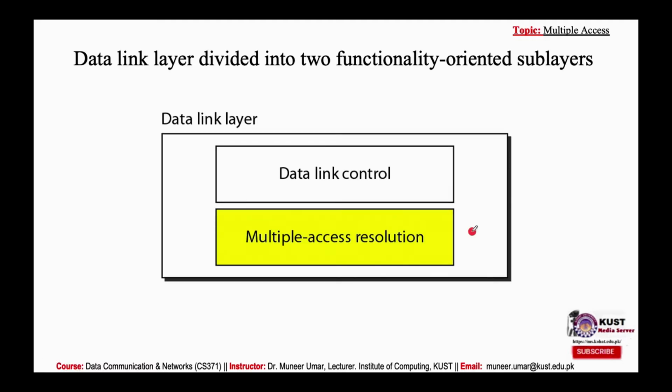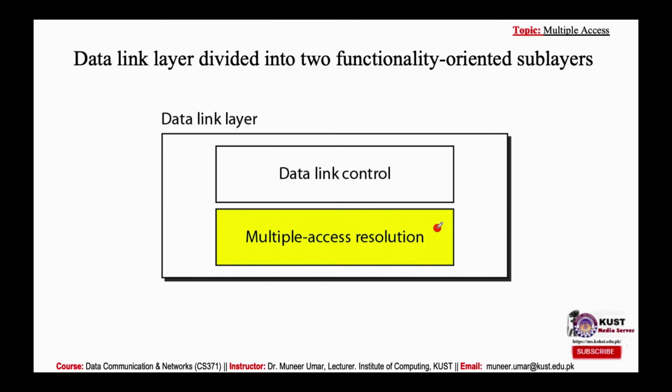In the previous lecture, we studied about the IEEE standard, where we saw that the data link layer is divided in two parts. The first part is data link control, and the second part was MAC, media access control. The upper layer is responsible for the flow and error control, while the lower layer is mostly responsible for multiple access control or multiple access resolution.